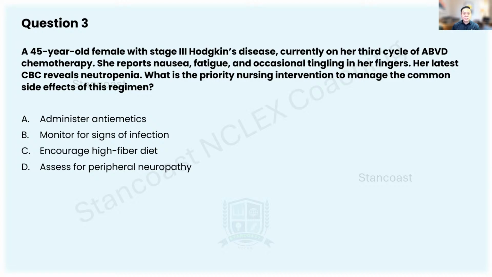She reports nausea, fatigue, occasional tingling in her fingers. Her latest CBC reveals neutropenia. What is the priority nursing intervention to manage the common side effects of this regimen? Is it A, is it B, is it C, or D? Your answers, please.